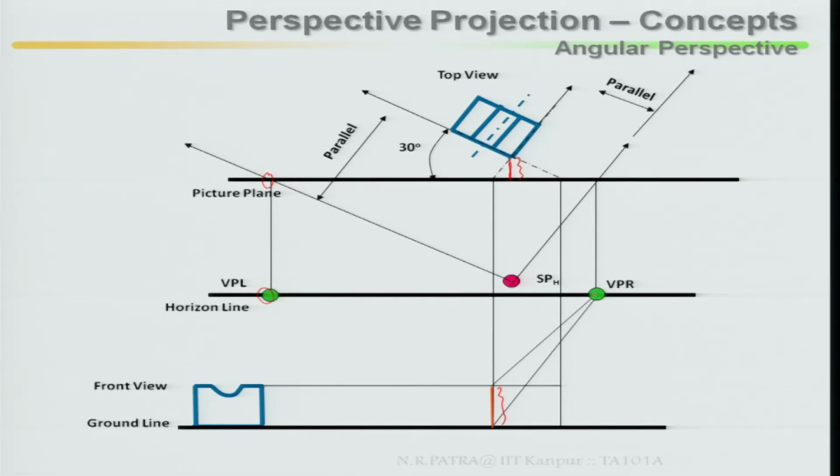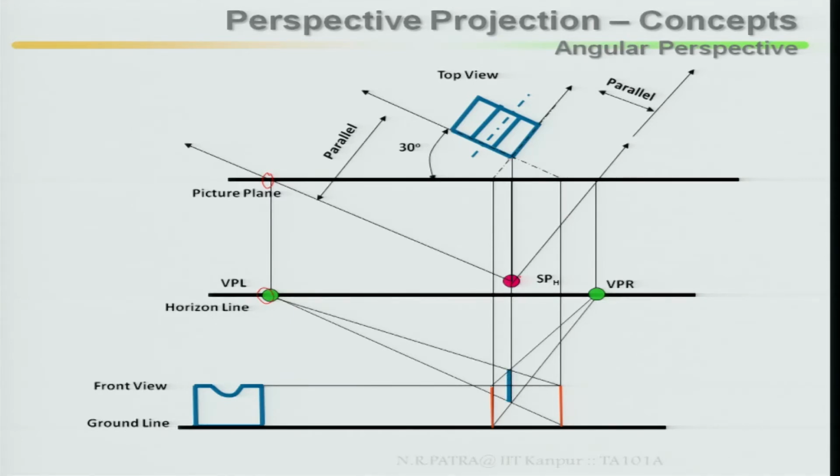Similarly, consider the second part: this surface has been extended and projected back. This will coincide with your left vanishing point. Then from this you draw a line up to your station point, then from the station point project it back.